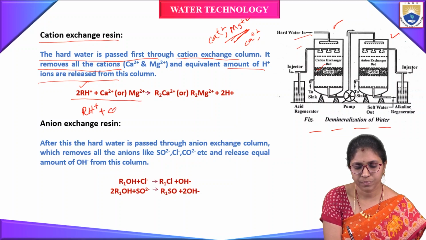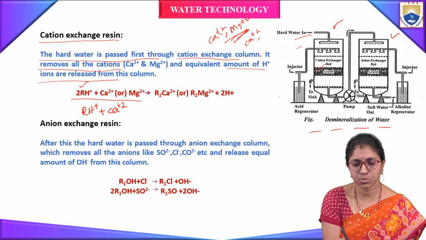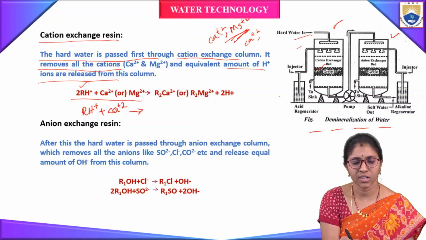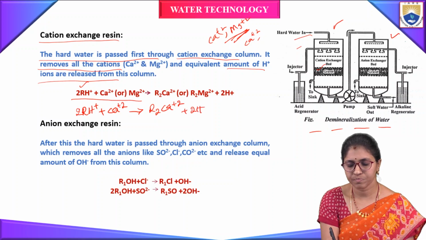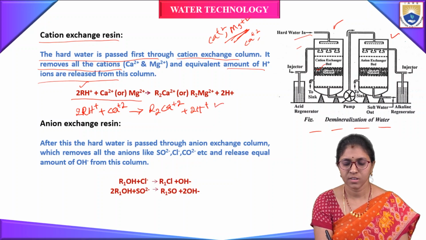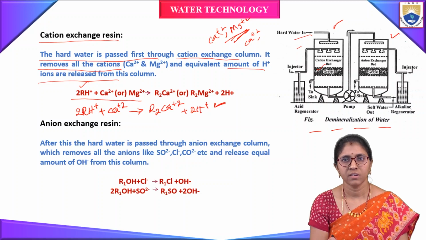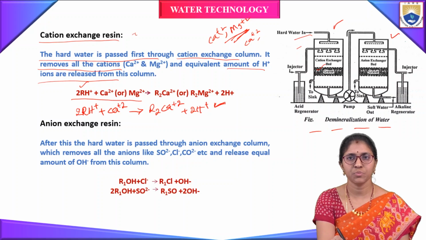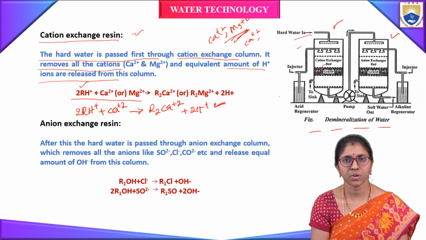and this reacts with the calcium 2+ or magnesium 2+ ions present in water. So they are removed by replacement, and we get R2Ca and 2H+. This is the reaction that occurs during the cation exchange process.